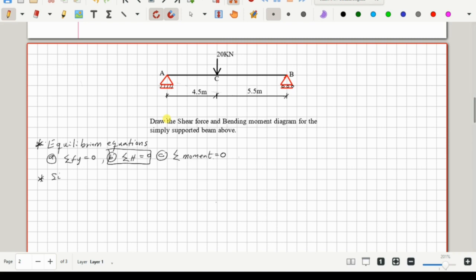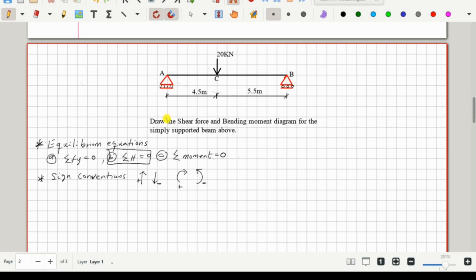In our tutorial, we would consider all upward forces as positive and all downward forces as negative. Again, we'll consider all clockwise moments as positive and all anti-clockwise moments as negative.